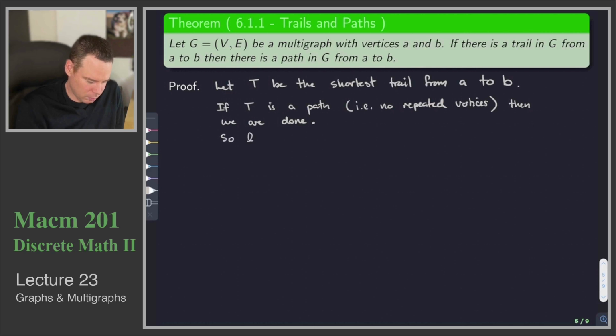So let's assume T is not a path. That is, it has repeated vertices.